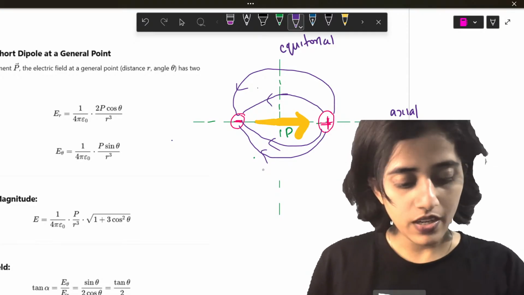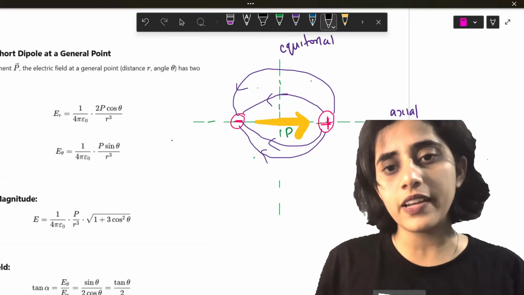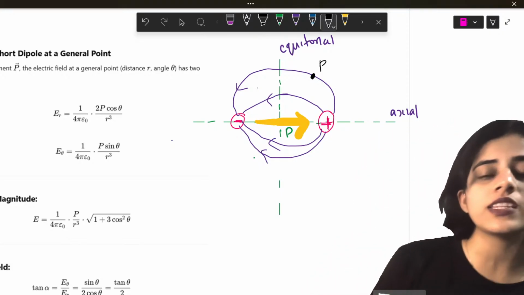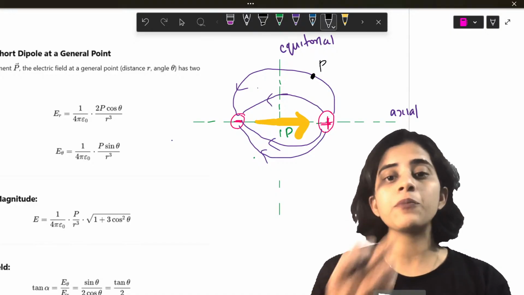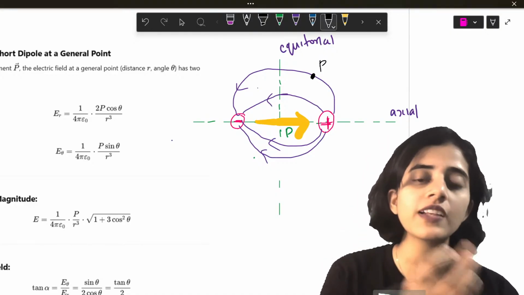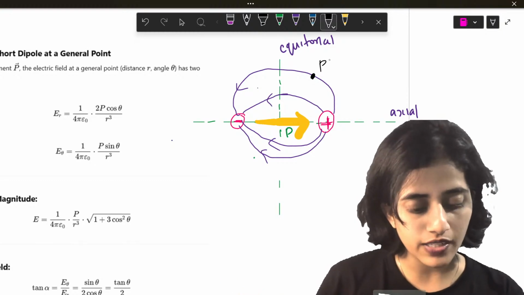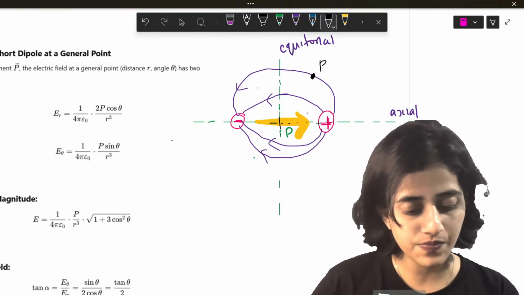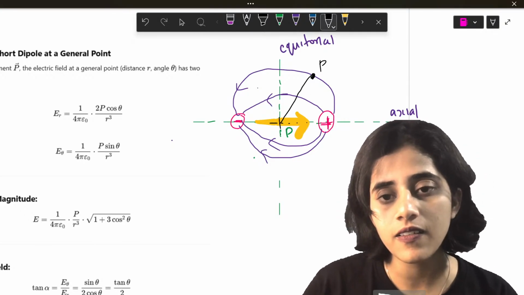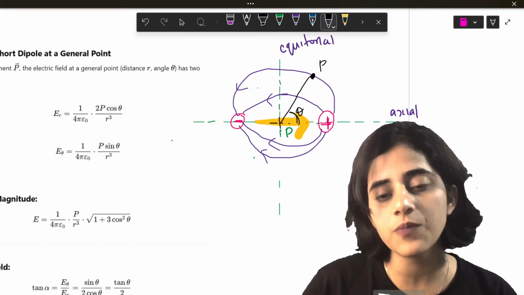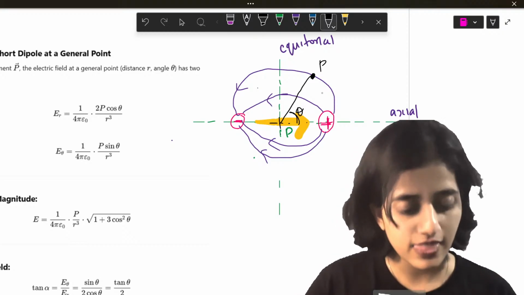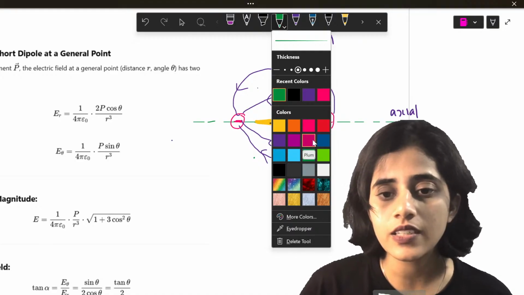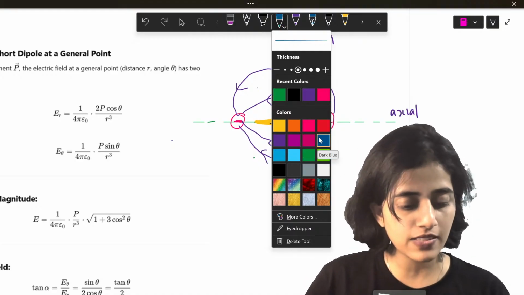Next what I'm going to do is, I'm going to take a random point on my electric field. Let's just take this point P. And I have to find out the electric field at that particular point P. From the axis, P makes an angle theta.